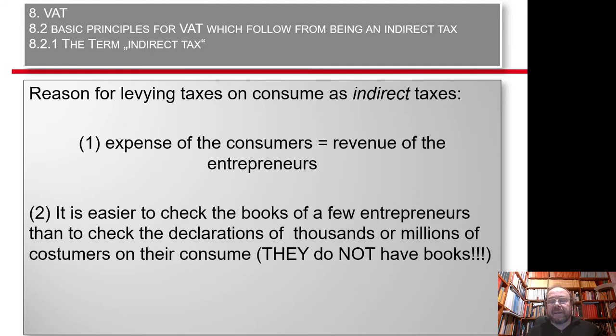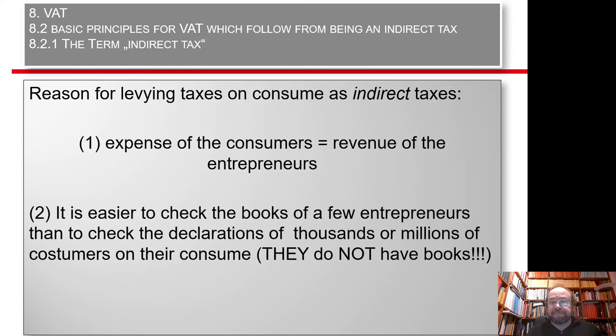So the underlying idea is usually it's difficult to tax the consumption of consumers because they don't have a bookkeeping. You can't control them. Then there are so many. So you would have to look through thousands or millions of tax declarations. That's not convenient. And now a basic equation is that the expense of the consumers is identical with the revenue of the entrepreneurs.